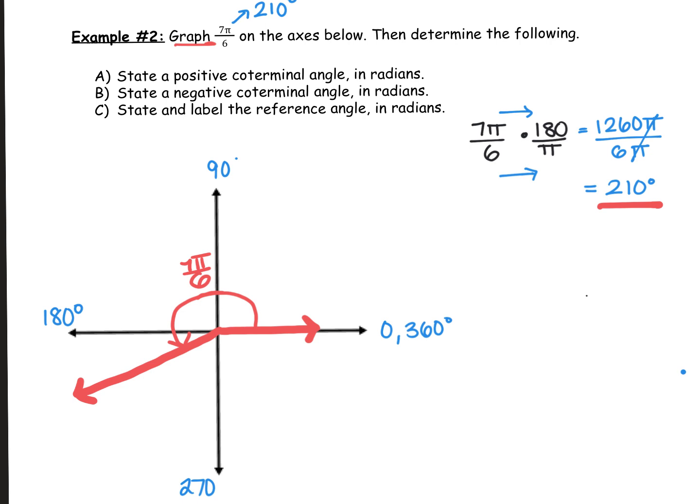Now it says state a positive coterminal angle, then state a negative coterminal angle. For part A, a positive coterminal angle means we're going to add or subtract 360. So for 210, in order to get a positive number, we're going to have to add 360. So 210 plus 360 is 570.